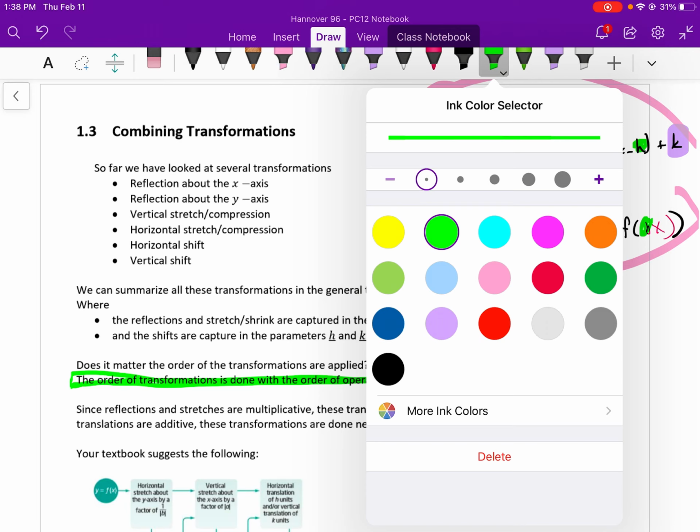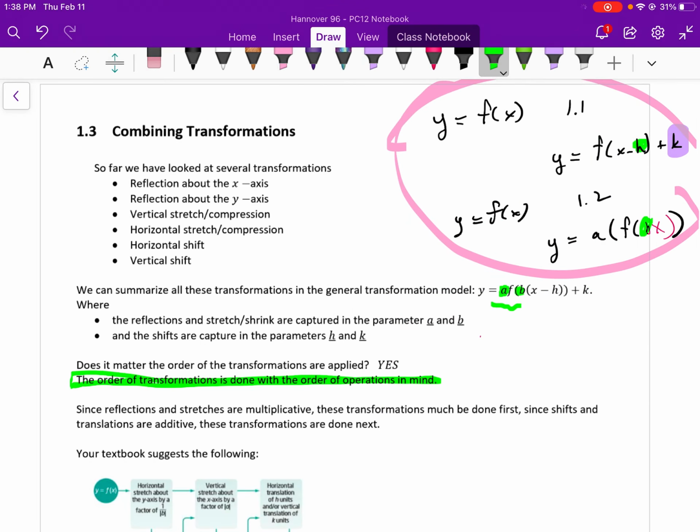It doesn't, because they're both multiplicative. H and k were both additive. Do you know what we do in math? We follow the order of operations. That is, we do the multiplicative first, and then we do the additive.